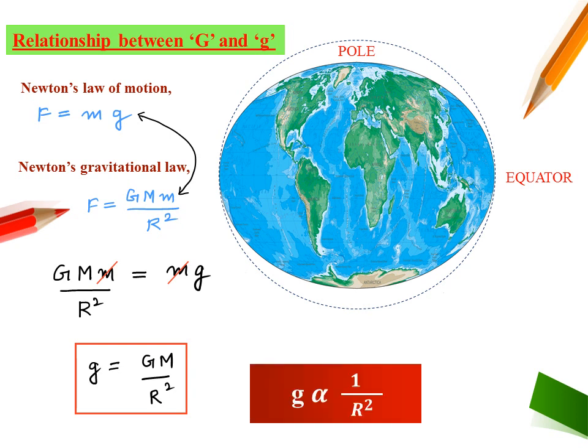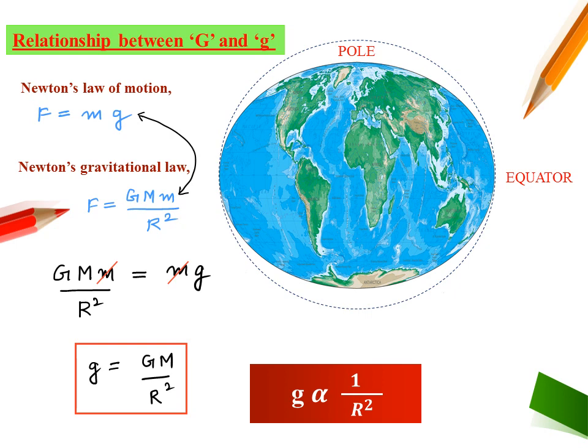So G being a constant and mass of the planet being a constant, the acceleration due to gravity depends on the radius of the planet, that is, g is inversely proportional to the square of the radius of the planet. So this equation relates the acceleration due to gravity and the gravitational constant G. So the value of g on a planet depends on the mass and radius of the planet.